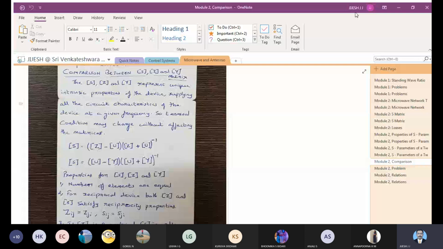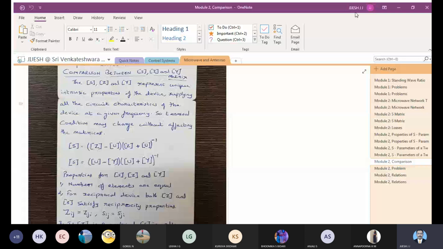The matrix S, matrix Z, and matrix Y represent the unique intrinsic property of the device, supplying all the circuit characteristics of the device at a given frequency. We have already seen in one of the properties that matrix S can be represented as (Z minus U) times (Z plus U) inverse.